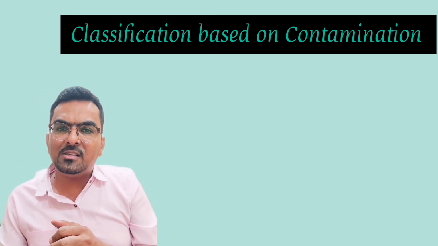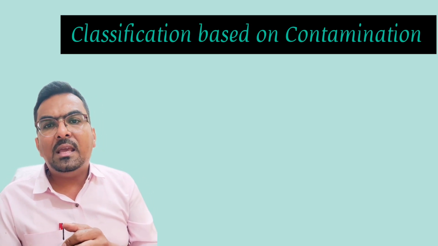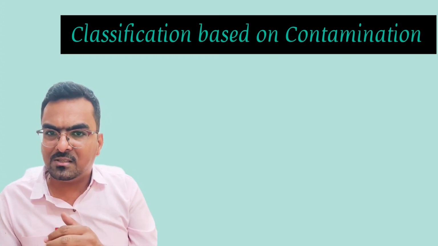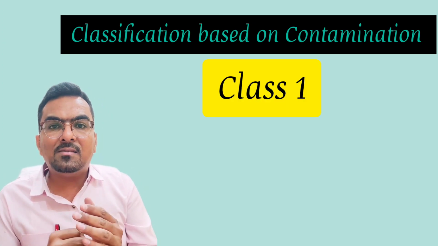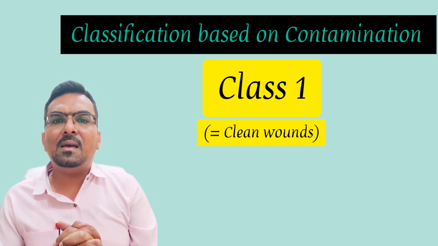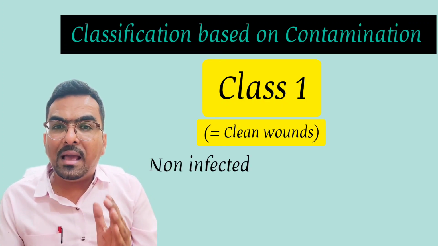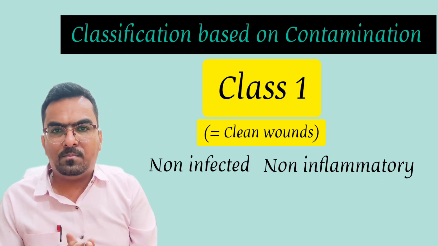According to this classification, 4 different classes of the wound exist, each with their own respective risk of surgical site infections. Now the first one is the class 1 wounds. Class 1 wounds are categorized as clean wounds. These type of wounds are not infected, so they do not exhibit any signs of inflammation and they are typically closed ones.